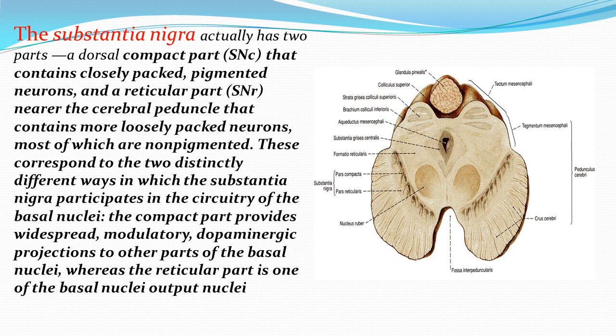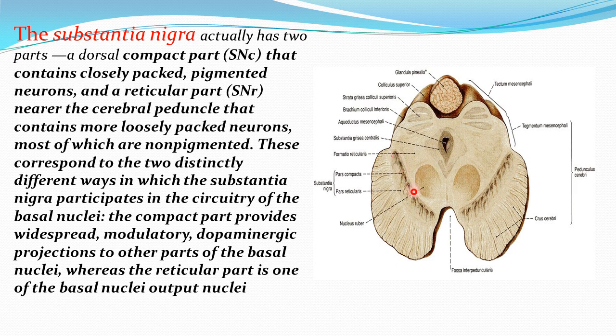These correspond to two distinct pathways in which the substantia nigra participates in the circuitry of the basal nuclei. The compact part provides widespread modulatory dopaminergic fibers to other parts of the basal nuclei, whereas the reticular part functions basically as the globus pallidus externus.